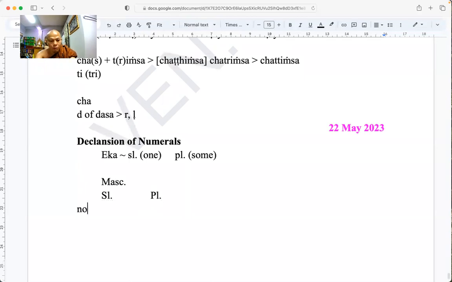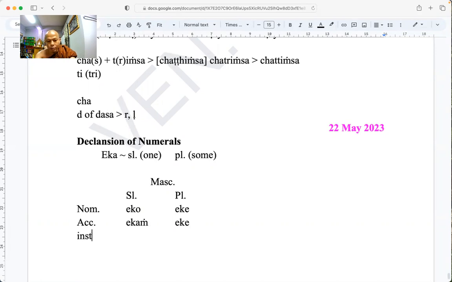Here eka singular means one, plural means some. Based on that information, I write down here. Singular is eko, plural is eke. Accusative case singular is ekam, plural is eke.